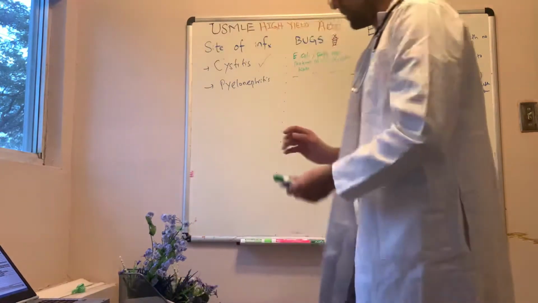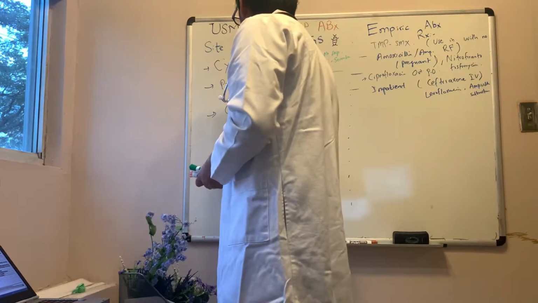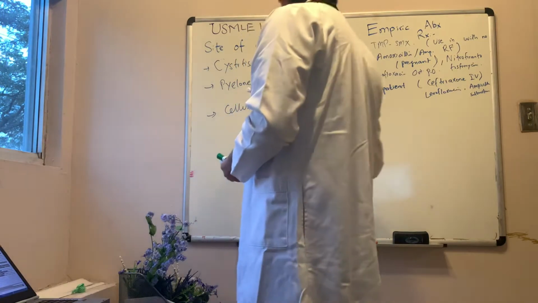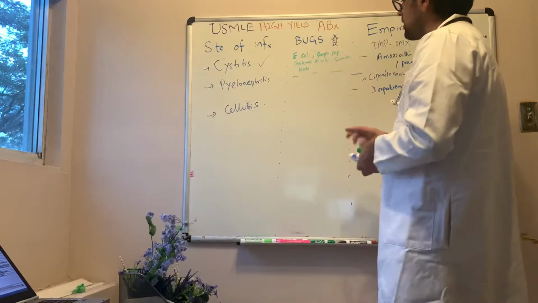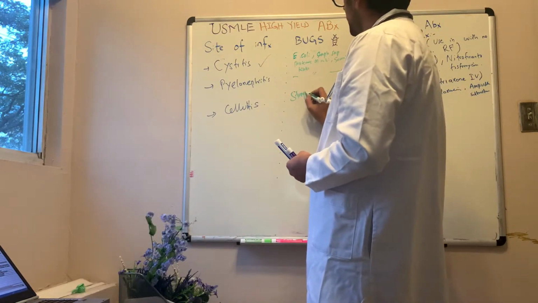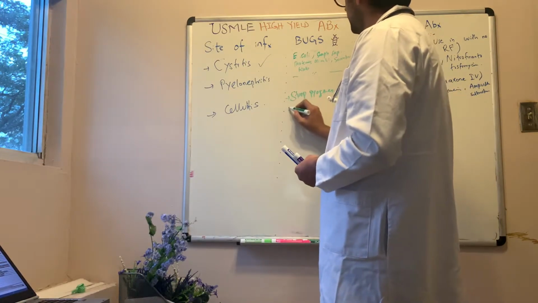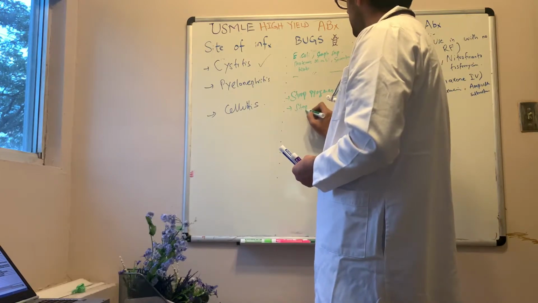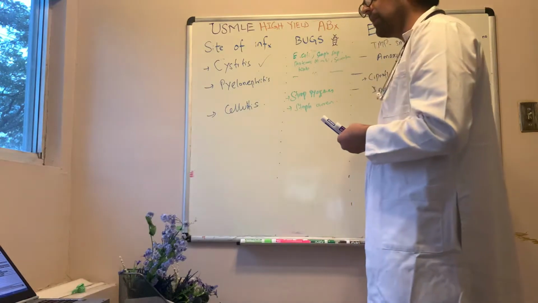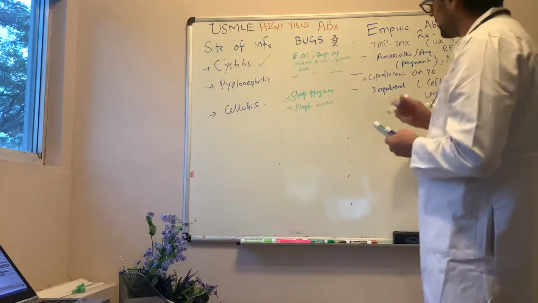Now we'll go with cellulitis first. Cellulitis. What will be the common bug? We have Strep pyogenes and MRSA, Staph aureus. So then we have to cover this with the same thing.